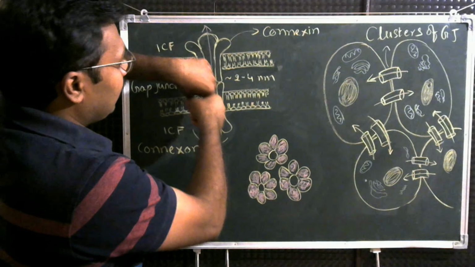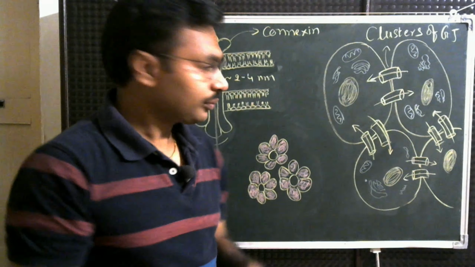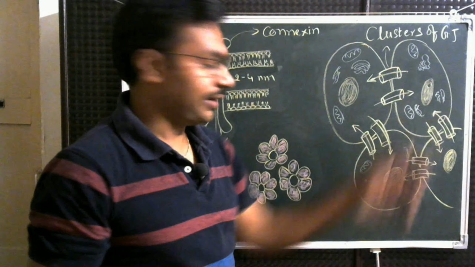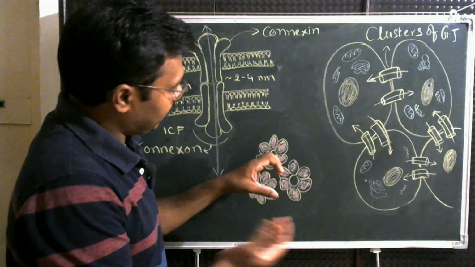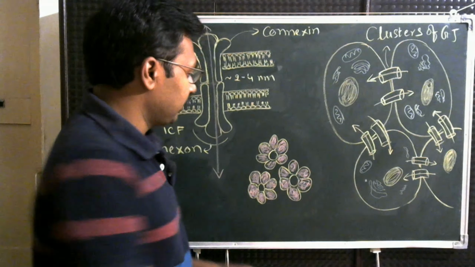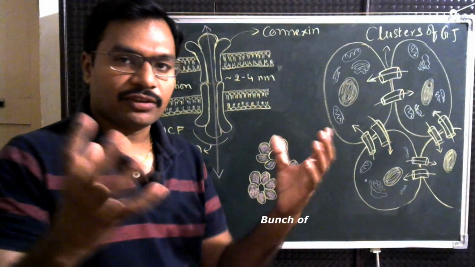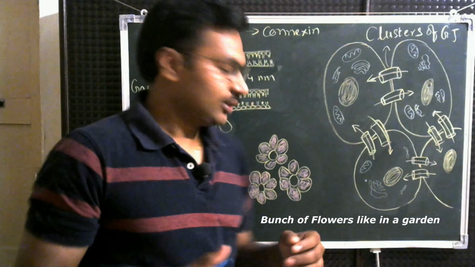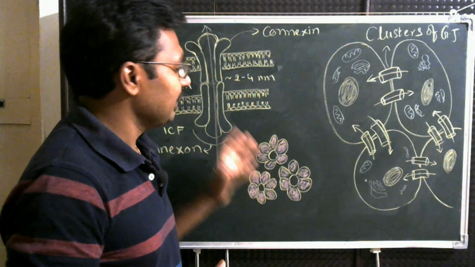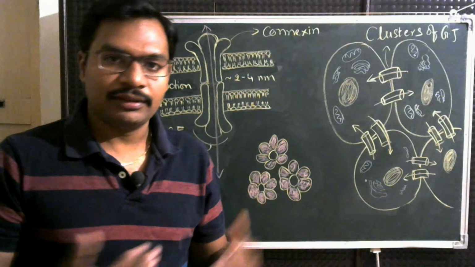This channel allows molecules and ions to pass across the cell membrane. When you look at the transverse section of one gap junction, we can see flower-like structures, like a bunch of flowers in a garden. So this is how they arrange in the cell membrane.